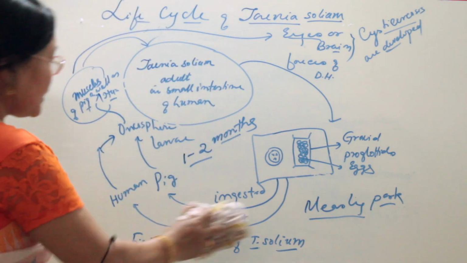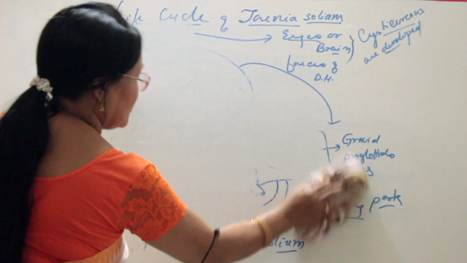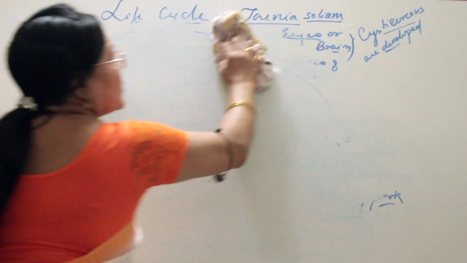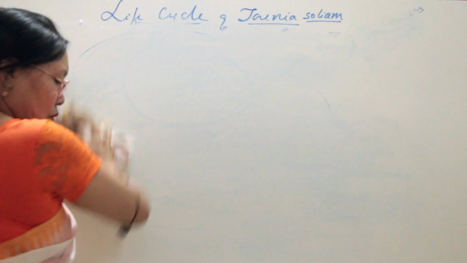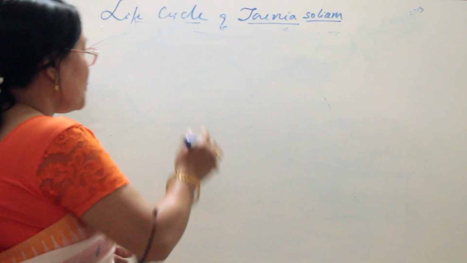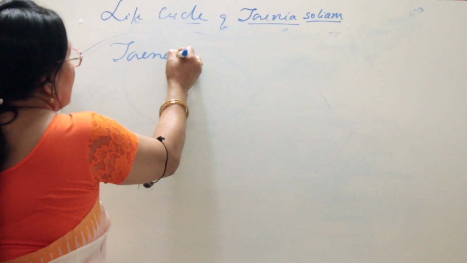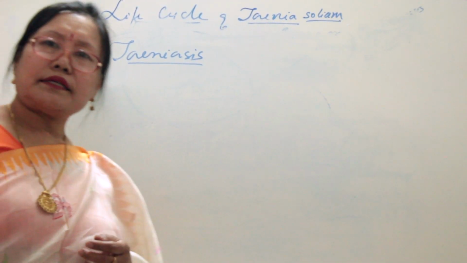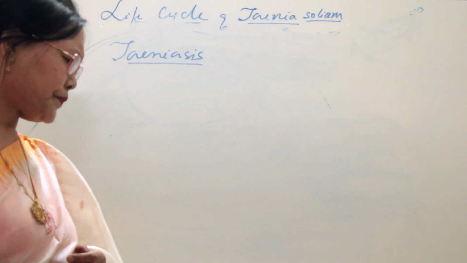Then the next is the disease. This is the most important and interesting one. The disease caused by this tapeworm, Taenia solium, is known as taeniasis.